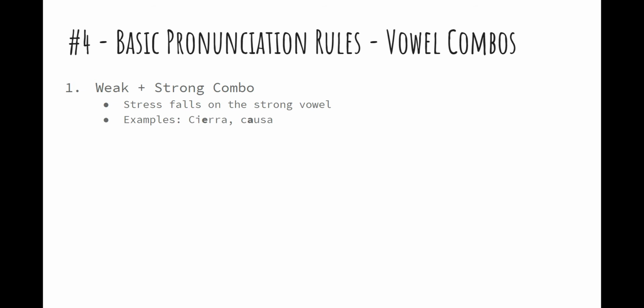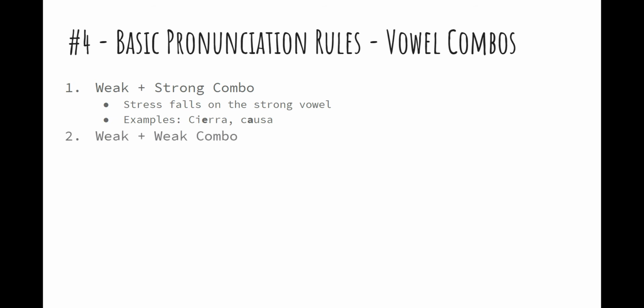So examples, Sierra, the English I is the weak vowel, the English E is the strong vowel, so the E gets the stress, Sierra. And then we have causa, the English A is the strong vowel, the English U is the weak vowel, so the English A gets the stress, causa.